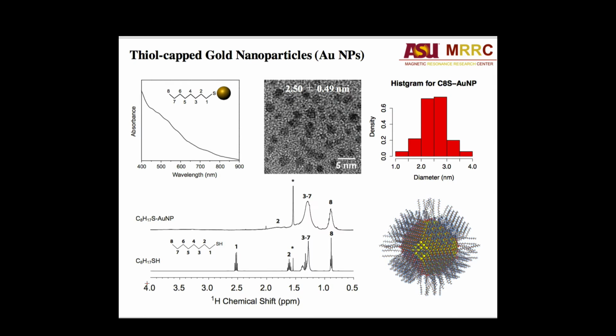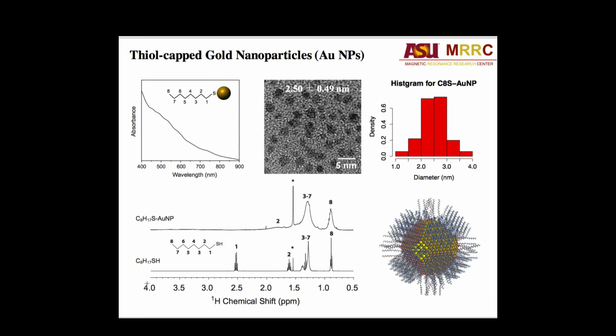And also we tried proton NMR to get a first look at the NMR spectra of the nanomaterials, and we see that compared with the pure octanethiol, the ligand on the surface actually shows broad peaks.